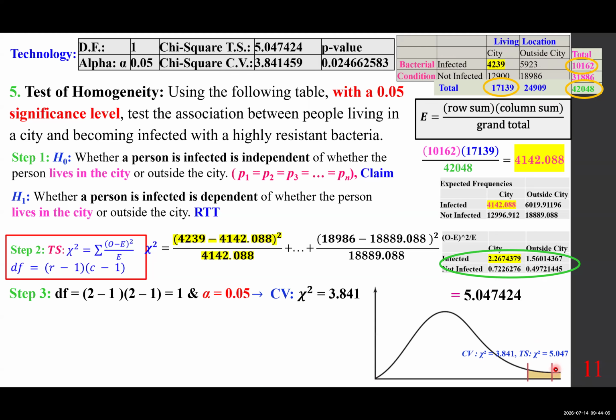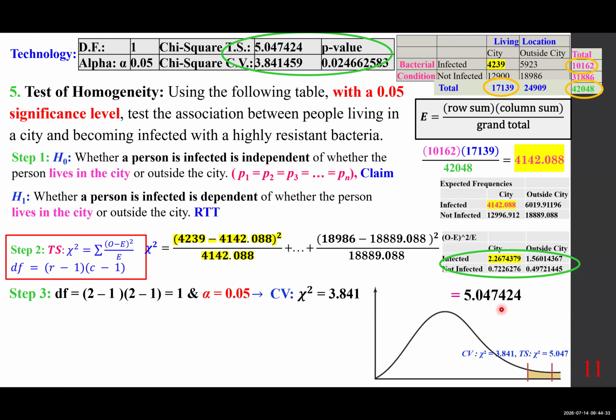As far as technology is concerned, by the way, degrees of freedom, alpha, chi-squared test, so on and so forth. It has all those values, the p-values, and so forth. So this is technology. More specifically, this is using Excel. And having said that, these are the values. And again, notice this was calculated here, okay?